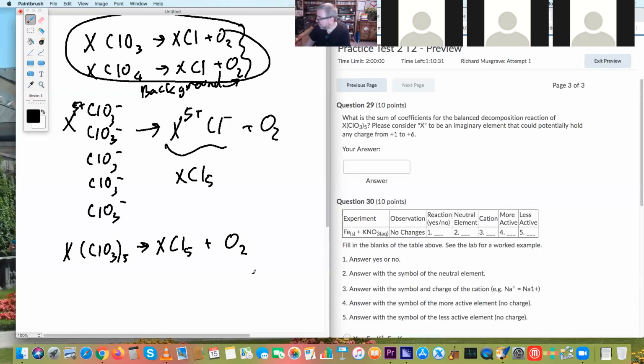And then we would need to balance this out. This one's a little bit tough to balance because we've got 15 oxygens over here and only 2 on this side. So I know if I put a 2 in front of here and a 15 in front of here, I could balance the oxygens. And then I put a 2 in front of here, and the answer here would be 19.